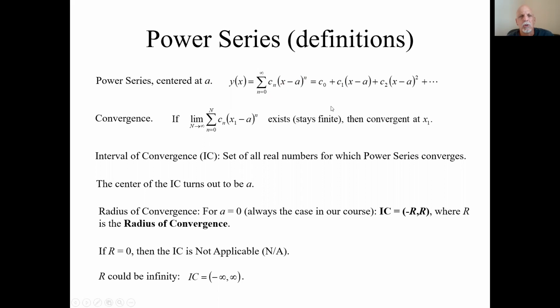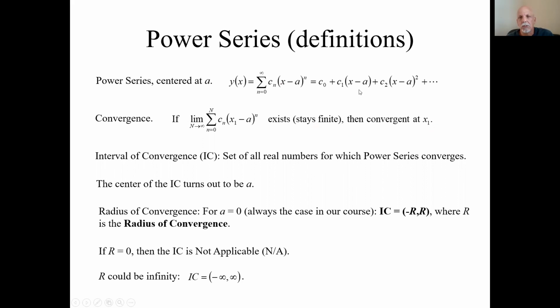and up. We talk about whether a power series converges at a particular point. Mathematically, it means you would set up this partial sum and take the limit as the upper term goes to infinity. If that limit exists, meaning it stays finite for some particular x, x sub 1, then you say that power series converges at x sub 1.